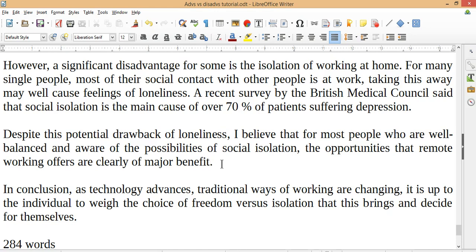So I've kind of put those two sentences into a single sentence there, but we have a clearly expressed opinion and we've got an example. The opportunities that remote working offers are clearly of major benefit.